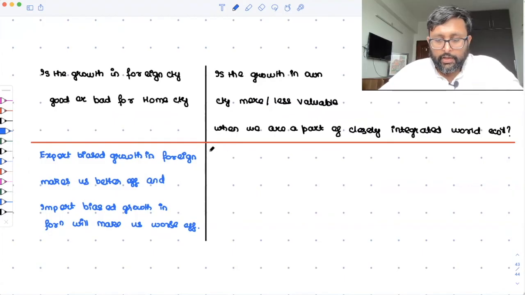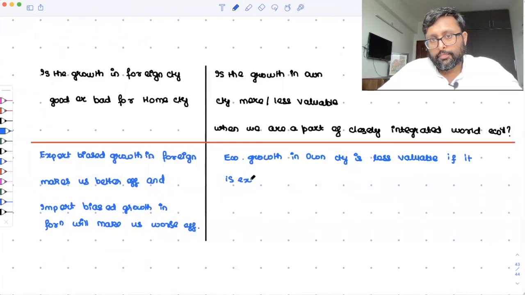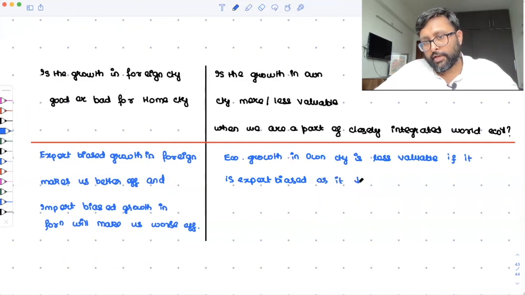So again, if you look at it this way, economic growth in own country is less valuable if it is export biased, as it reduces terms of trade.